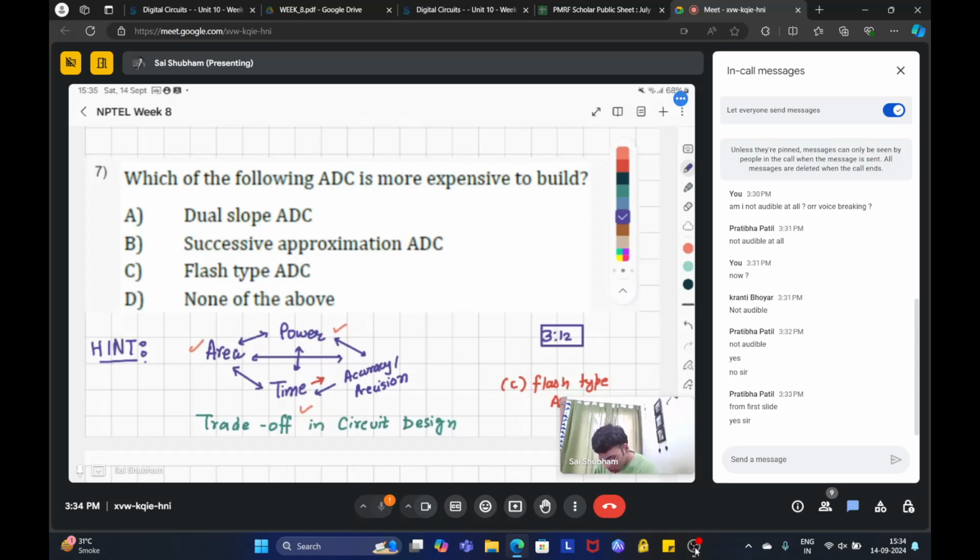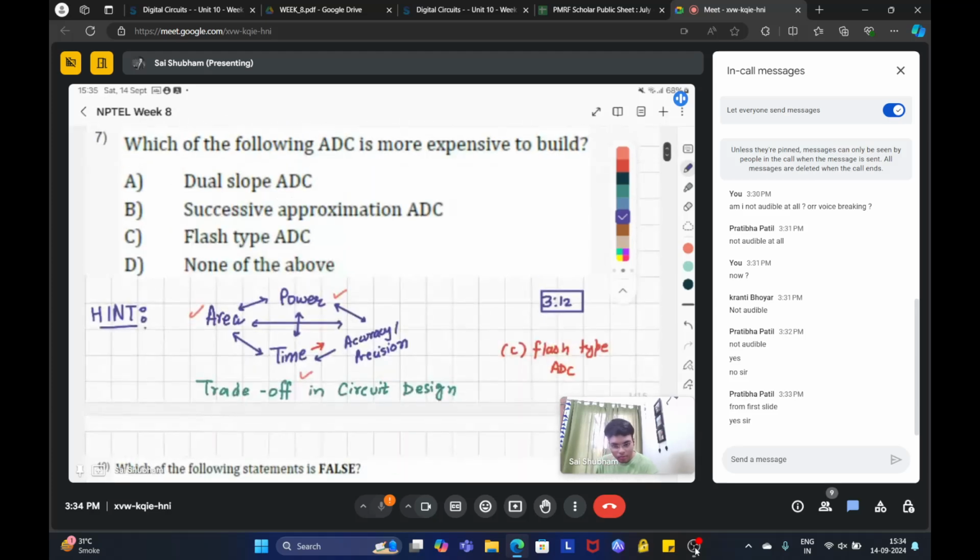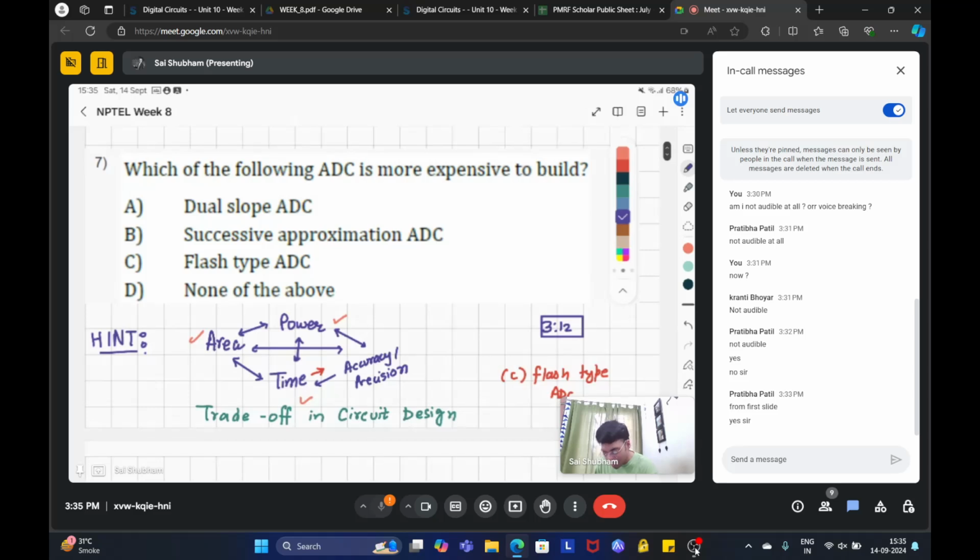In any integrated circuit that we design, area is directly proportional to the expense, because we are fabricating on a chip, so the area is limited. If your design is big, then it amounts to more cost. That's the reason why flash type ADC is most expensive. Fine.